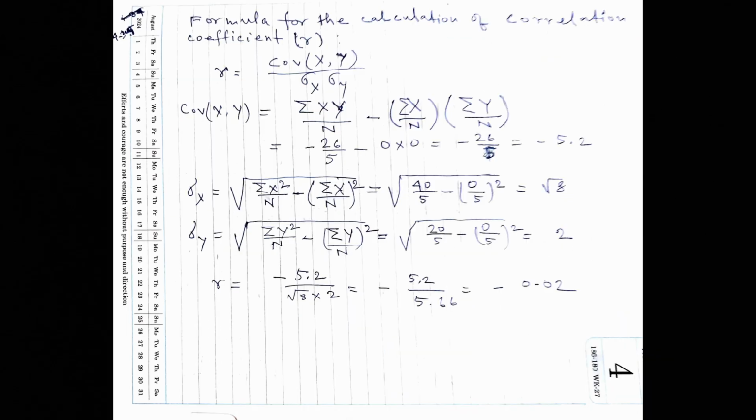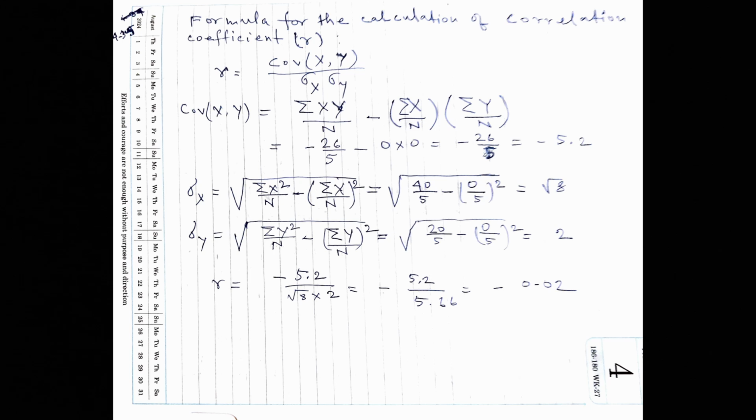Now I am using the formula for the calculation of correlation coefficient denoted by r. r is equal to covariance xy divided by sigma x sigma y. Covariance xy is equal to summation XY by n minus summation X by n into summation Y by n.